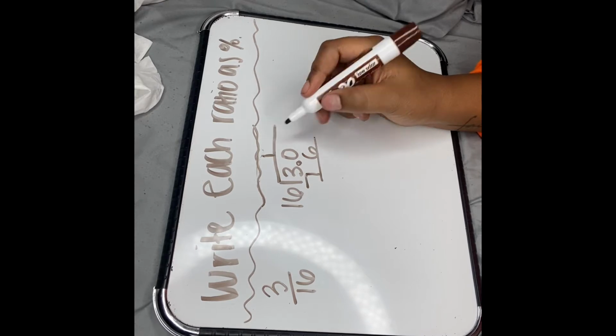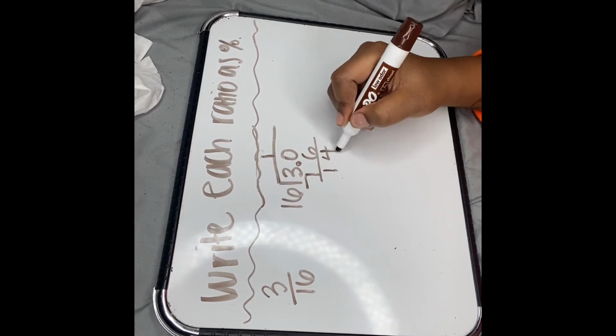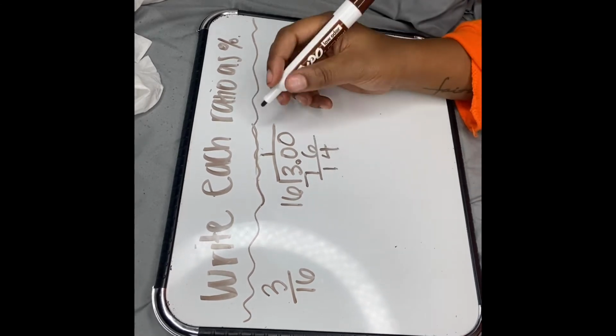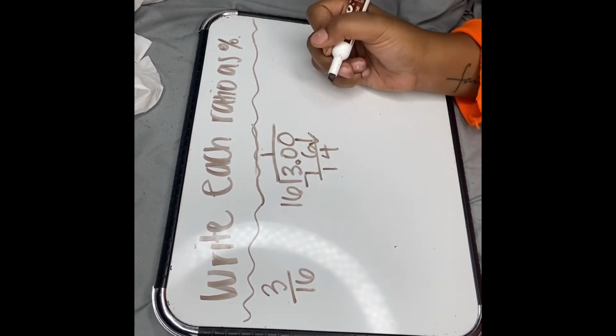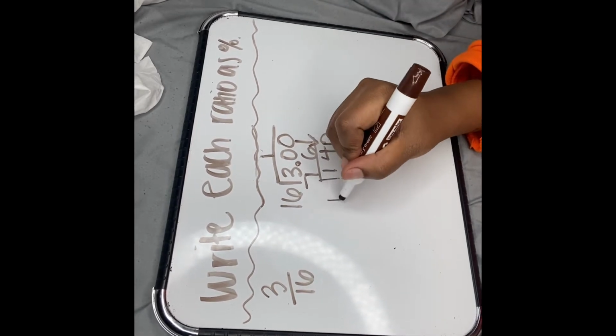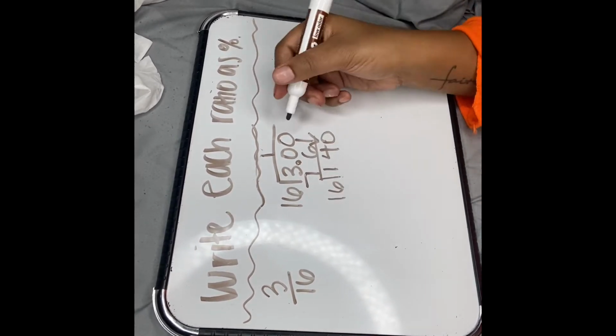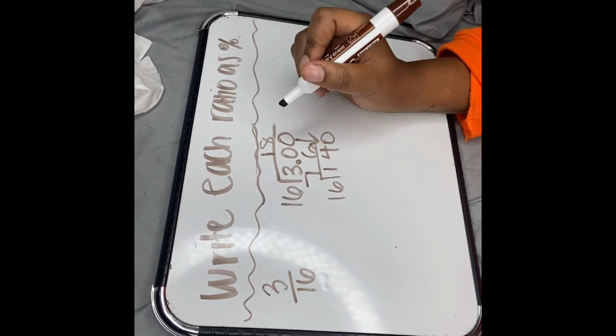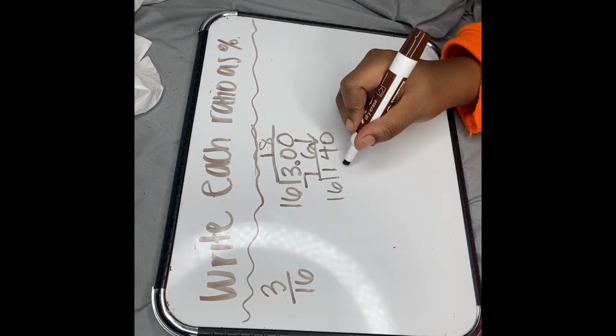And then 30 minus 16 gives us 14. And then we'll have to add an extra 0 because 16 cannot go into 14. So then we will bring that 0 down, which gives us 140. So 16 goes into 140 8 times. 8 times 16 will give us 128.